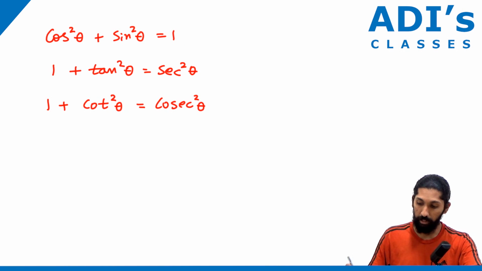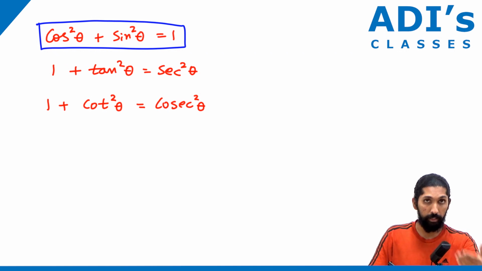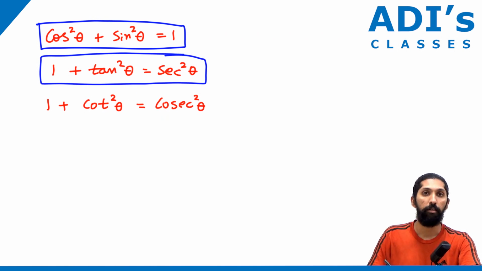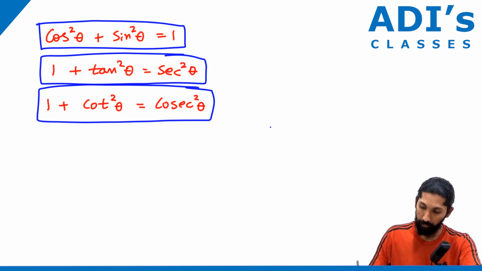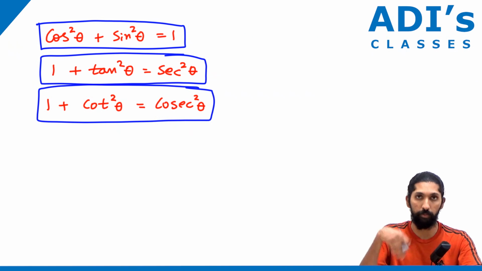So these are the three identities we have. Divide the first by cos square to get the second identity, and divide the first by sine square theta to get the third identity. Please make sure that you know this, and remember it. So, three trigonometric identities.